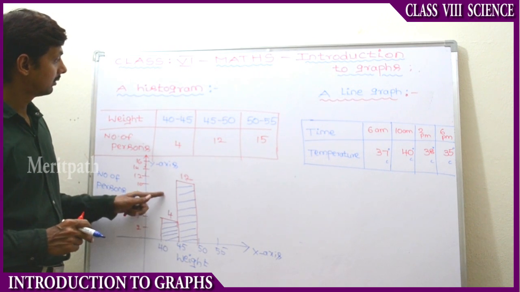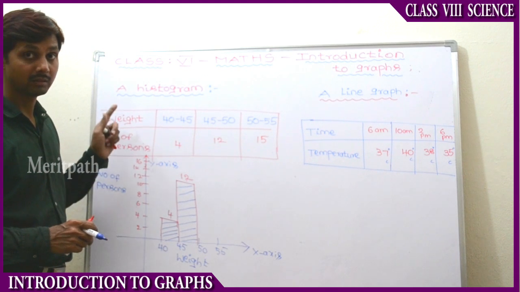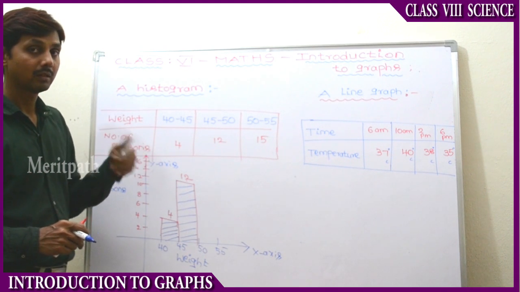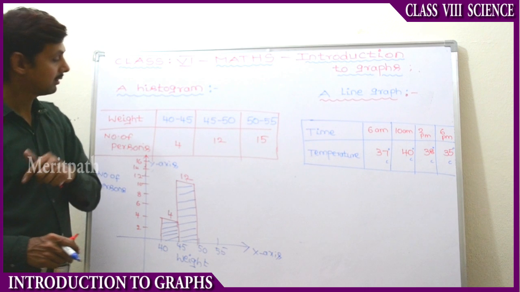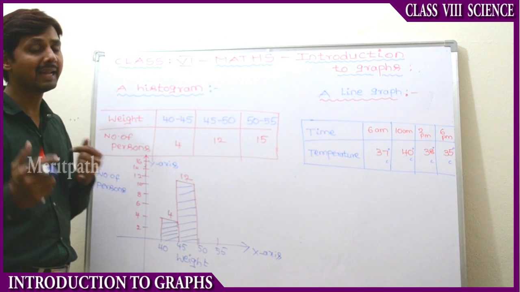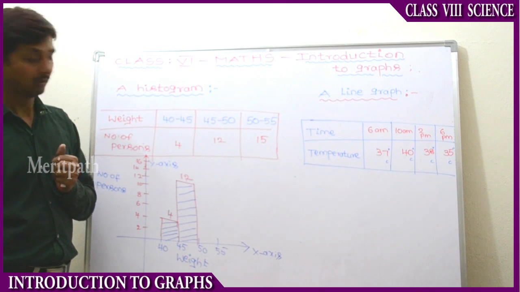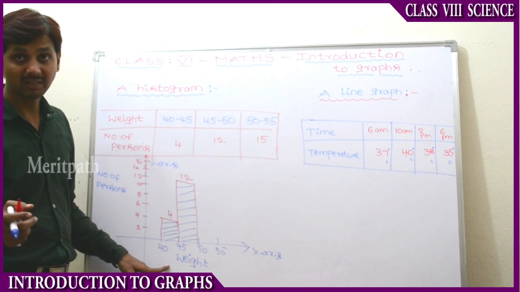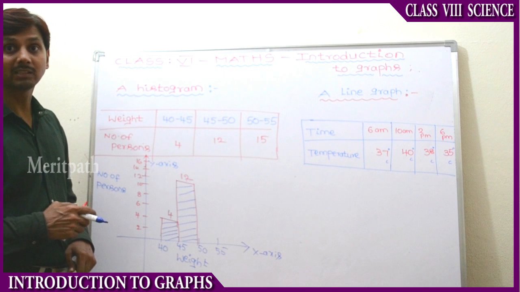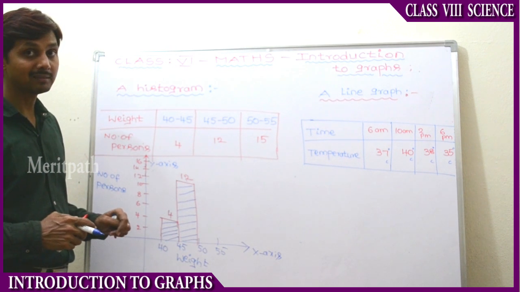So that's the difference between a histogram and a bar graph. In a bar graph we take rectangles, we take a gap between the bars, and we don't take any intervals there. Here we take the intervals and there is no gap between the bars.